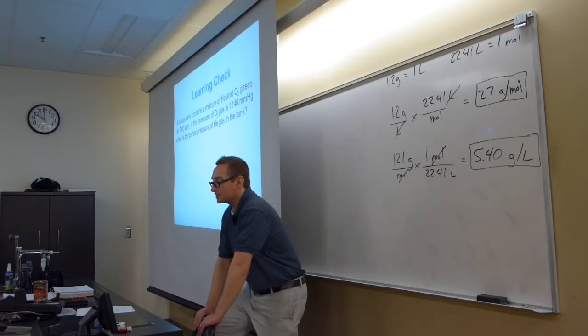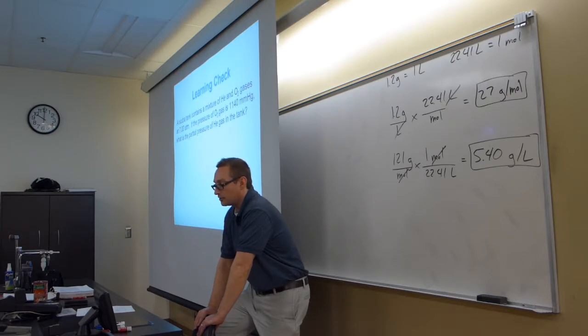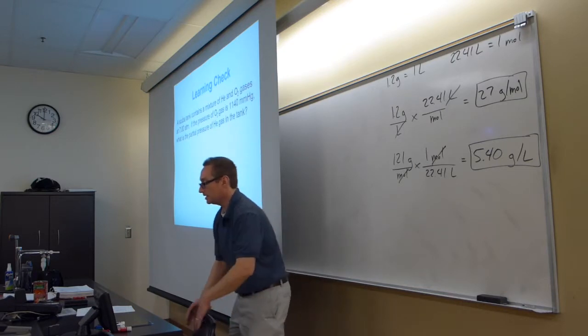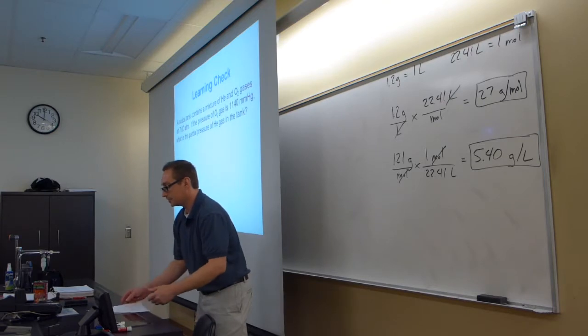So here's an example of scuba tanks. A mixture in a scuba tank contains helium and oxygen gas combined to form a total pressure of 7.00 atm. If the pressure of the oxygen alone is 1140 millimeter mercury, what would be the partial pressure of the helium then? This is a pretty easy problem, but you just gotta look at the units.